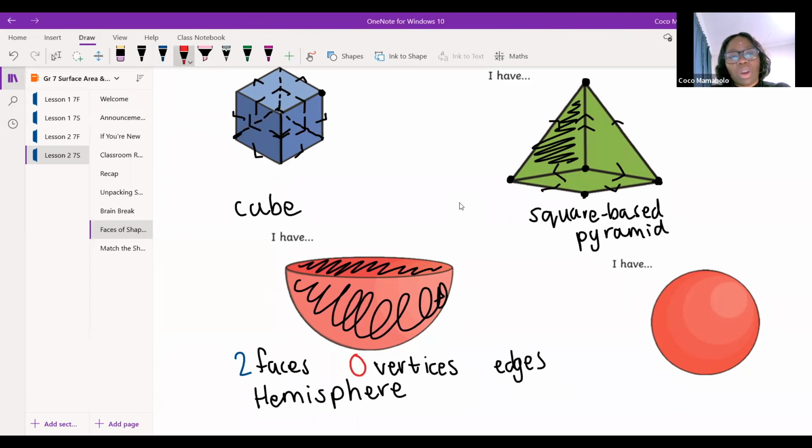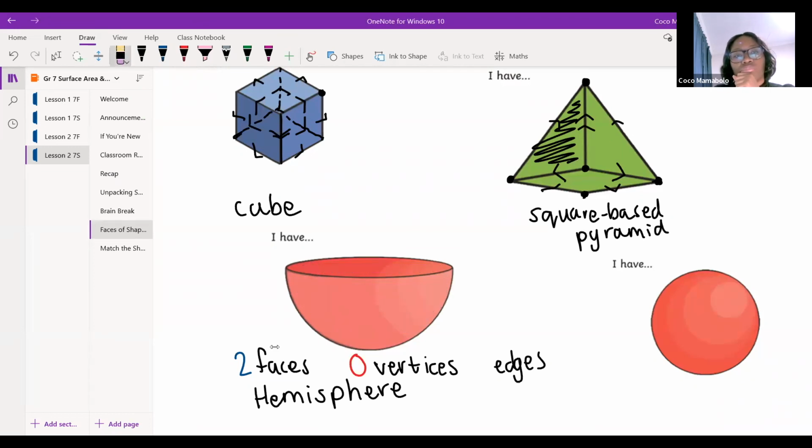How many edges do I have though? There's 1, ma'am, I think. You think 1. Why do you say 1? Ma'am, because on the shape, there's the whole first face that's on the top, ma'am. Okay, good.